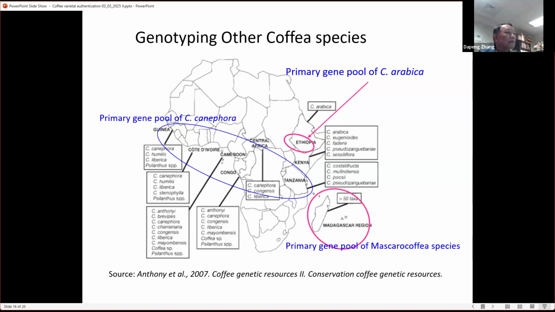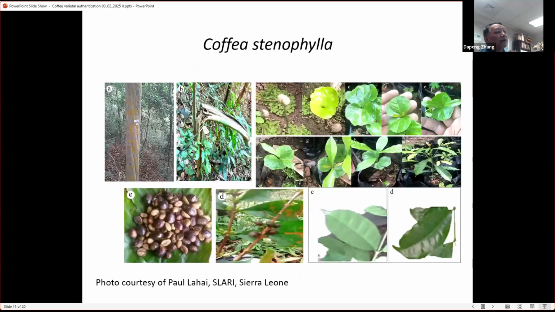So here it shows the tiny Arabica center of origin from Ethiopia, Southern Sudan and the Boma Plateau, but then we have a huge gene pool for Canephora and for Liberica and for many other species. Finally, I would like to show one example: Coffea stenophylla.